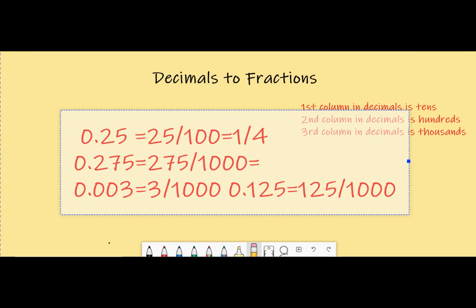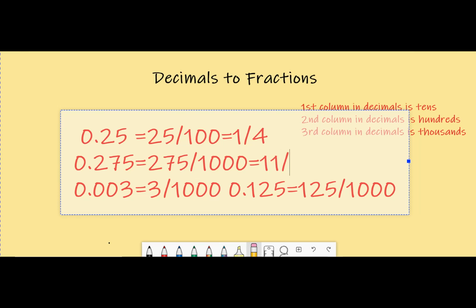And that equals what? Well, we can divide it down. We can divide 275 by 25. Yeah? 25 into 27 will go once. Carry 2 is 25. So it's 11. 11 times 25 is 275. So 275 divided by 25 is 11.